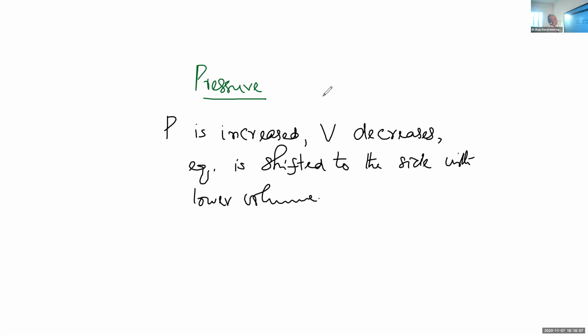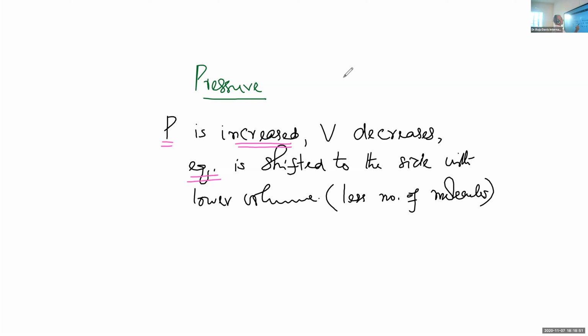And which side is having lower volume? The side in which there is a smaller number of molecules, maybe reactant or product, doesn't matter. The side with fewer molecules is the side with lower volume. So the equilibrium is shifted to the side with fewer molecules when pressure is increased.